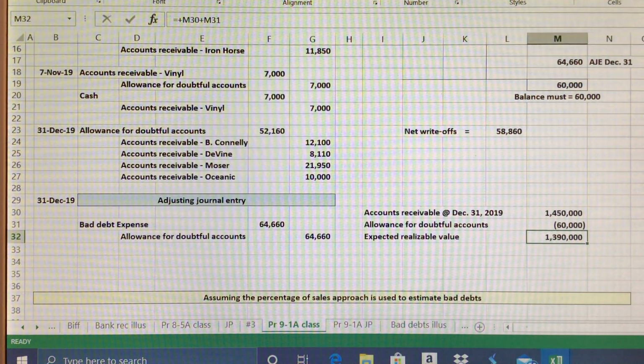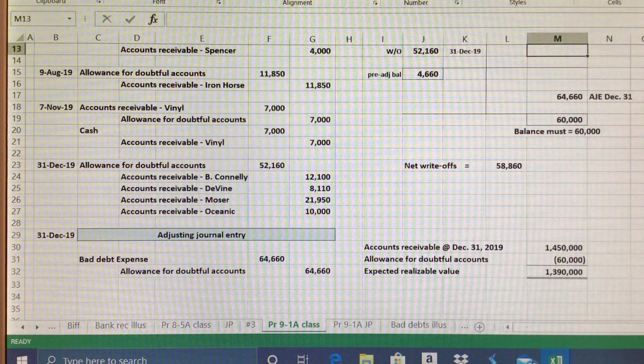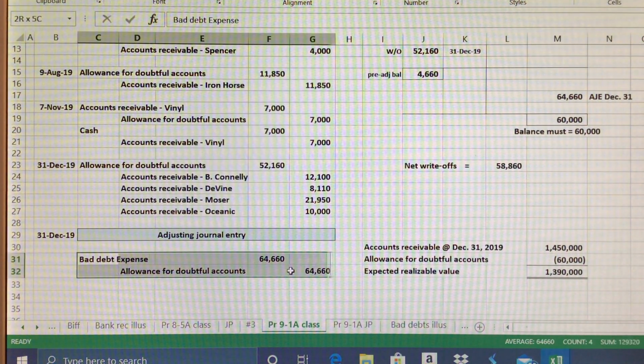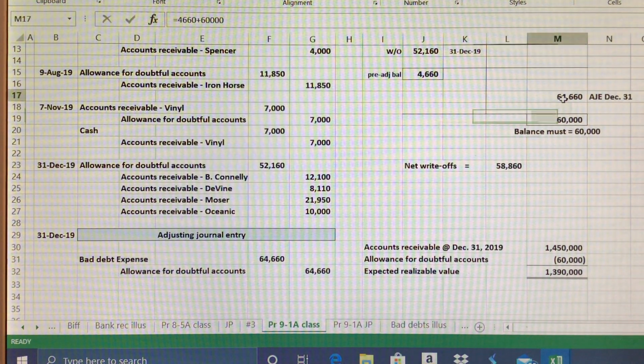So, you just go back over here for a second. When you use the aging or analysis of accounts receivable, and you're going to make this entry here to record your bad debts expense, you use whatever number will create the desired balance in this account. So the goal is to get a balance in this account equal to your estimate.